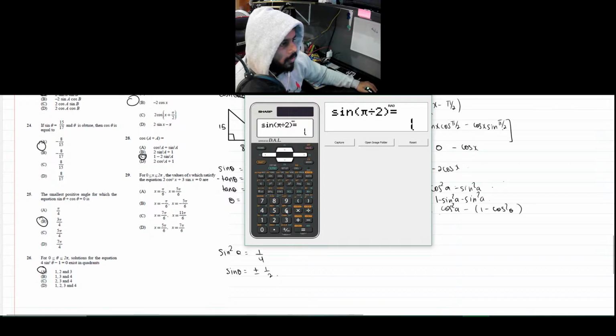When x is pi on 6, I get 2 cosine of pi on 6 squared plus 3 sine pi on 6. I'm supposed to get 0 if this is actually a solution. I get 3. So this is not a solution here. So pi on 6 is not a solution.